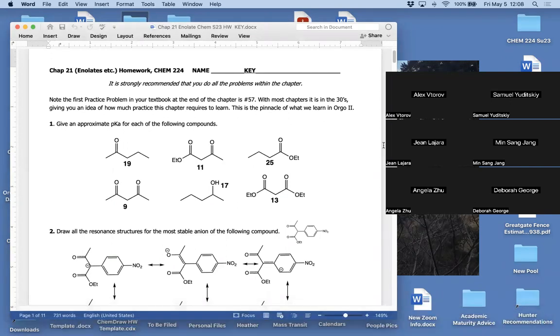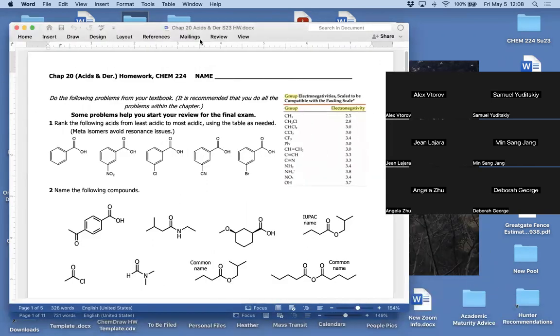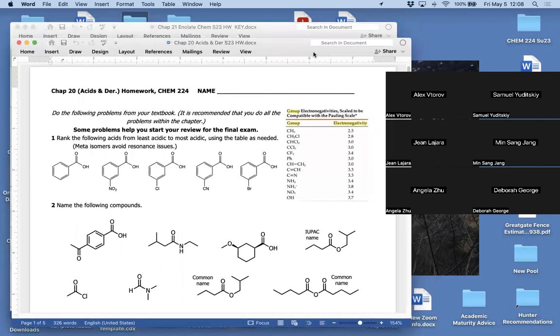Should we start with the enolate homework and go to the carboxylic acid derivatives homework, or keep it in regular order, or what's your pleasure, guys? Can we do the carboxylic? Absolutely. Oh, I thought I'd opened the key. This isn't the key.